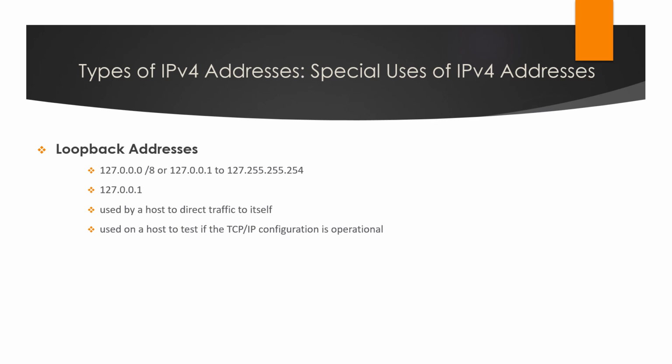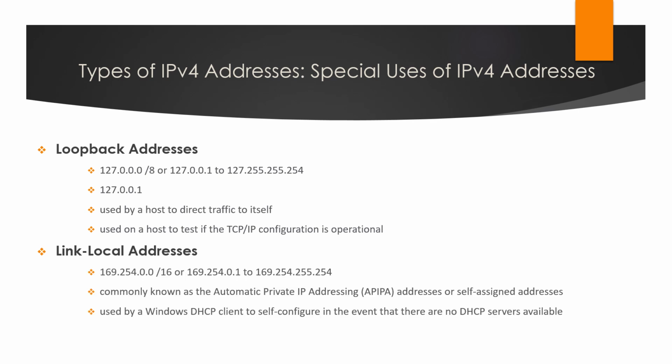We have even the link local addresses. They are in the range as it is shown here on the slide, and they are more commonly known as automatic private IP addressing, or APIPA addresses, or self-assigned addresses.